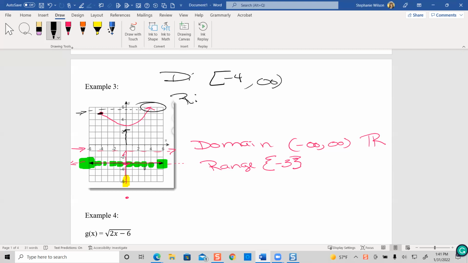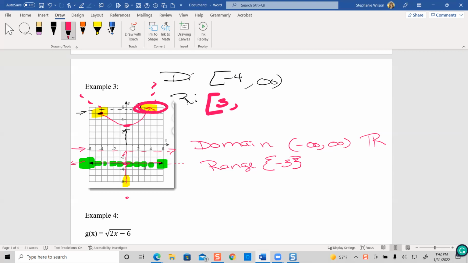And what I see going on is one end has an arrow and the other end has a closed circle. However, they're both going up, so we have this bracket here at 3 because it included it. It's not doing anything else. So my bracket is at +3.